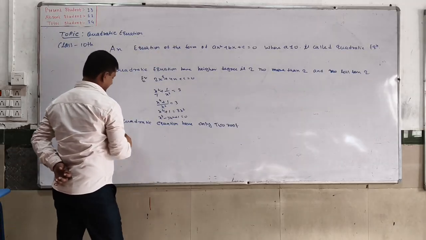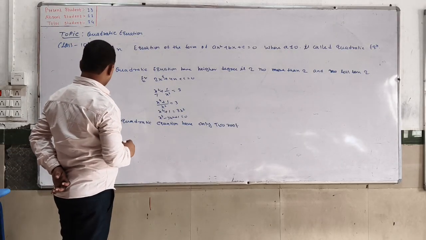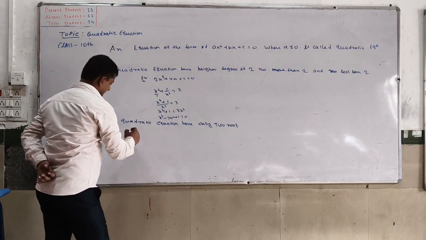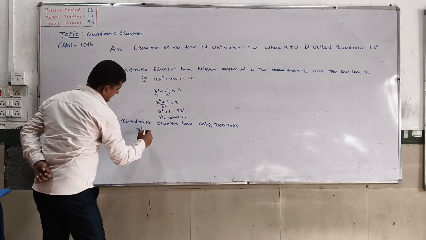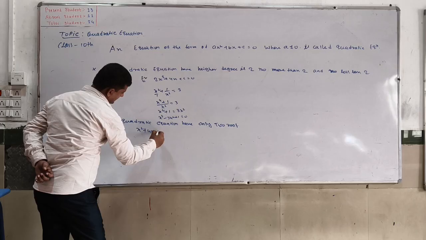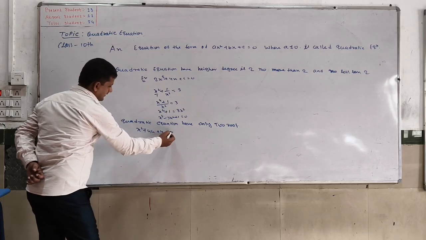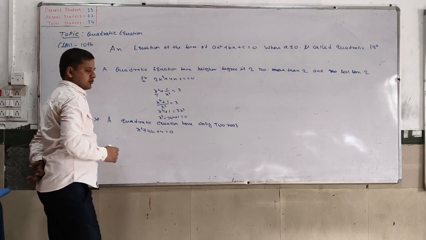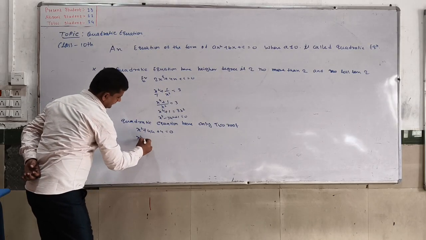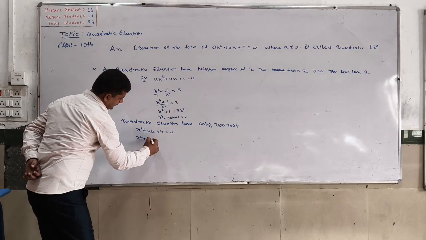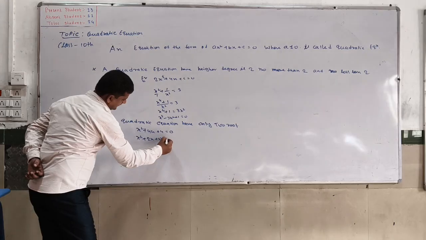For example, we can solve it by two methods. Suppose x square plus 4x plus 4 equal to 0. First we solve by the splitting method, factorization method. x square plus 2x plus 2x plus 4.